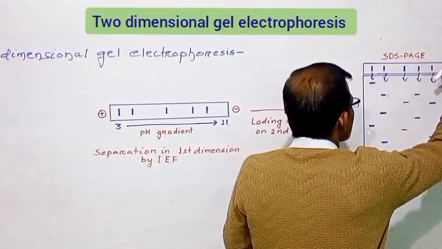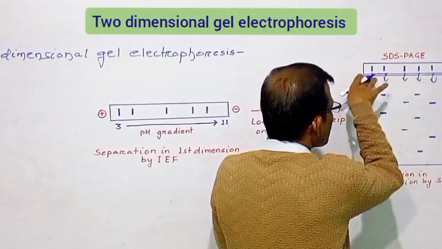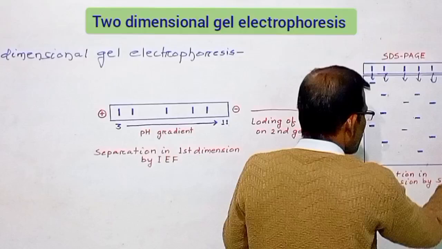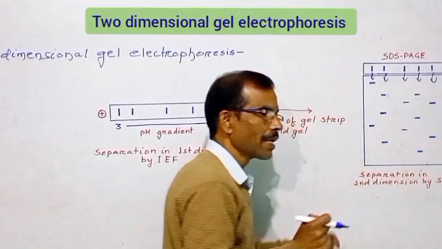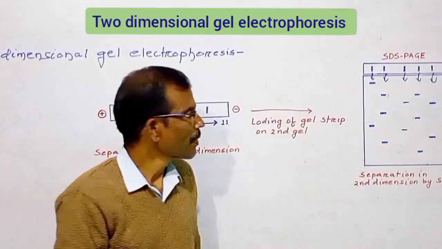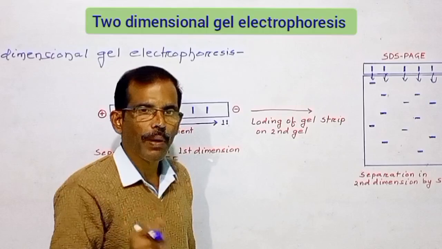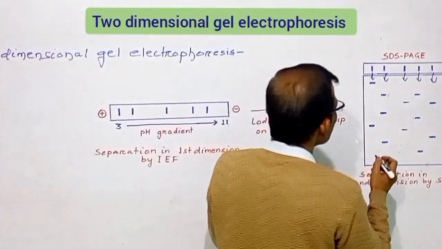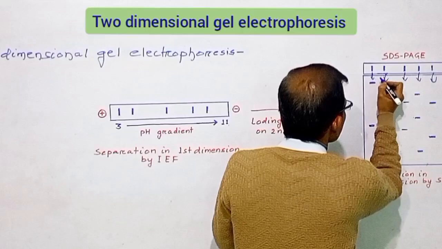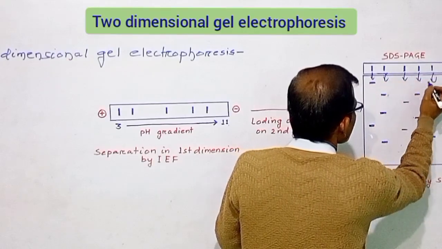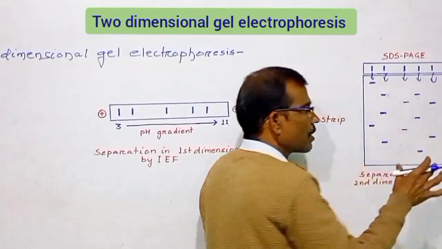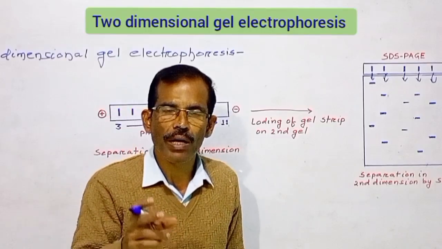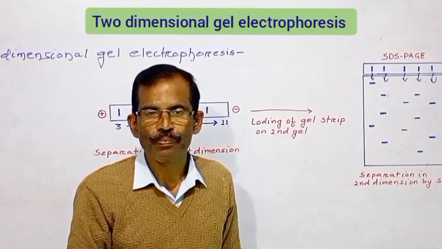This is the gel strip which has been placed horizontally on top of the gel. As the current is applied, SDS-bound proteins will move from the IEF gel strip into the SDS-PAGE gel where they will be subjected to SDS polyacrylamide gel electrophoresis.